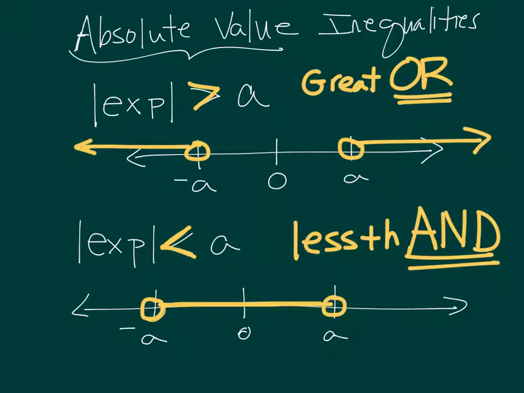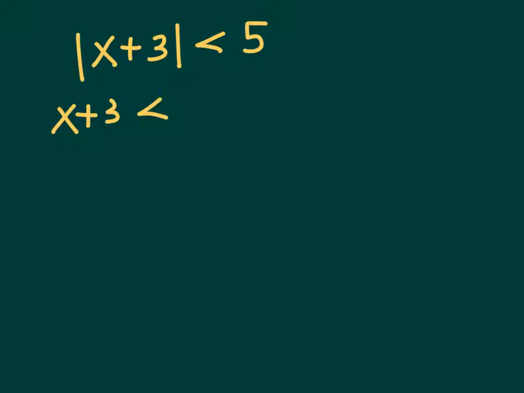So how do we do this? I'm just going to do two examples. If I have the absolute value of x plus 3 is less than 5, then I first want to break this up as x plus 3 is less than 5.